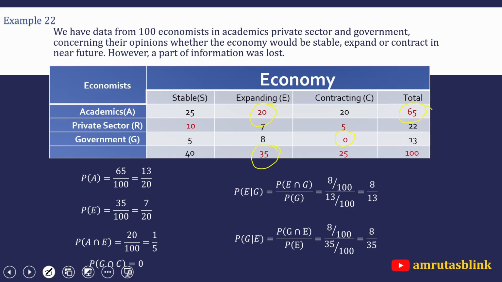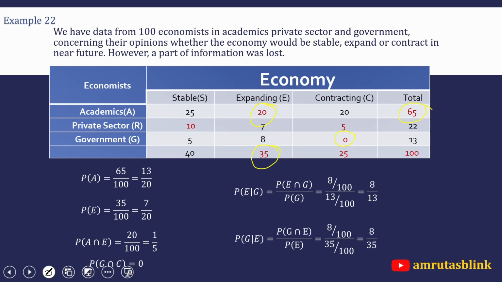Now we need to calculate probability of E upon G, which is equal to probability of E intersection G upon probability of G. So what is E intersection G? How much is it? E intersection G is 8 and probability of G, total G, is 13. So 8 upon 13.